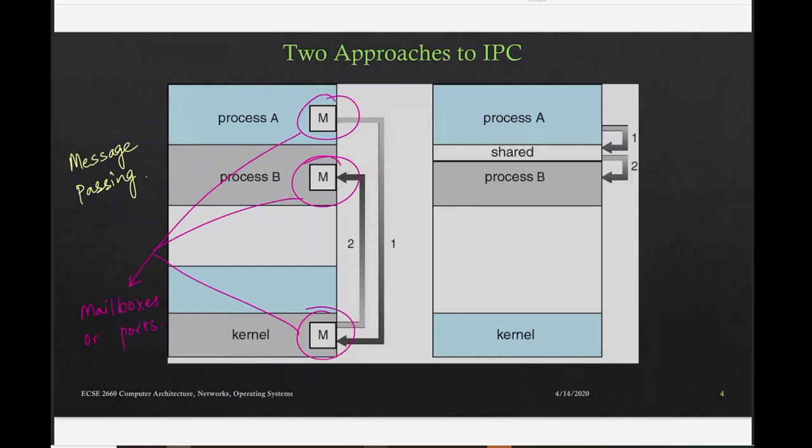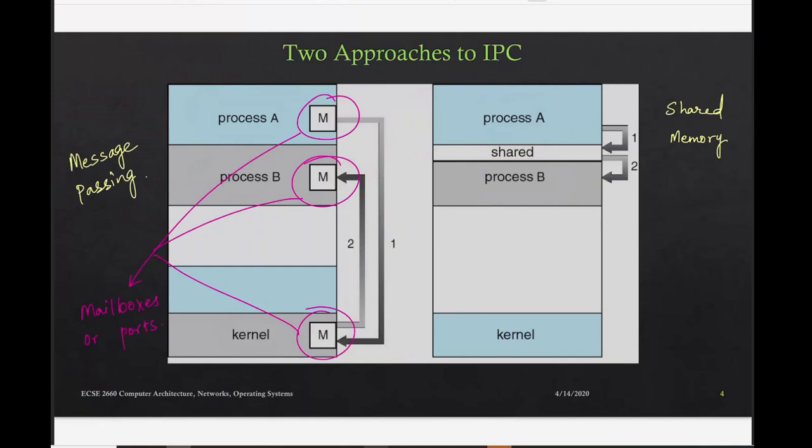Now on the diagram on the right, that is called the shared memory approach. In the shared memory approach, suppose process A wants to send information to process B, and the process that is initiating this communication is process A. If that is the case, the first thing that process A should do is allocate some memory space called shared over here in its own allocated memory space.